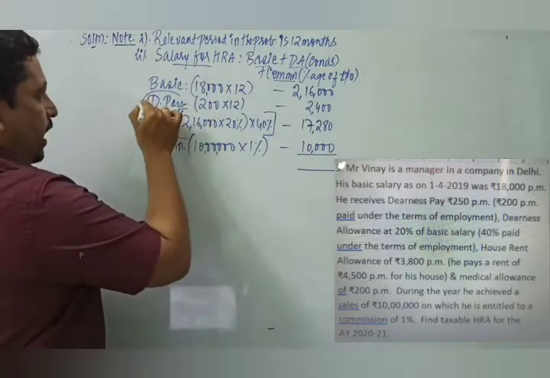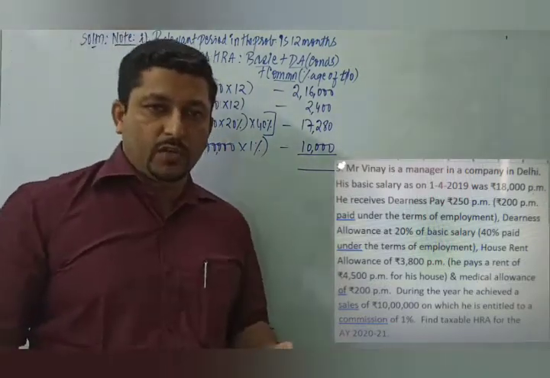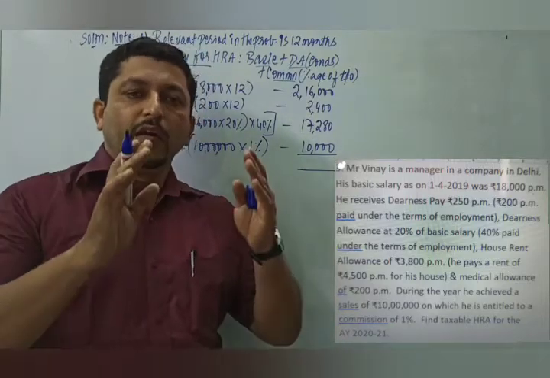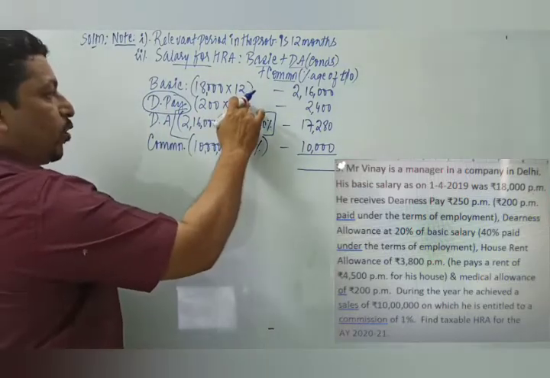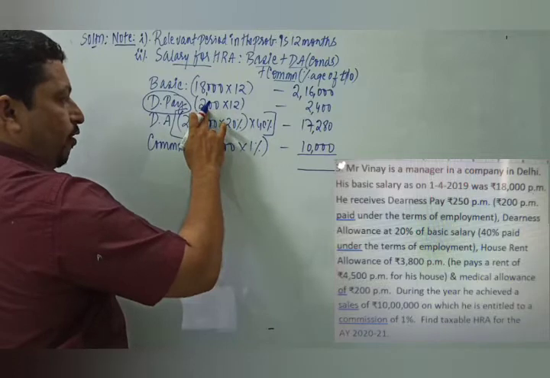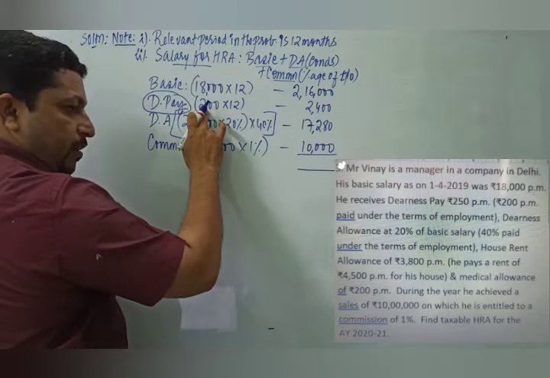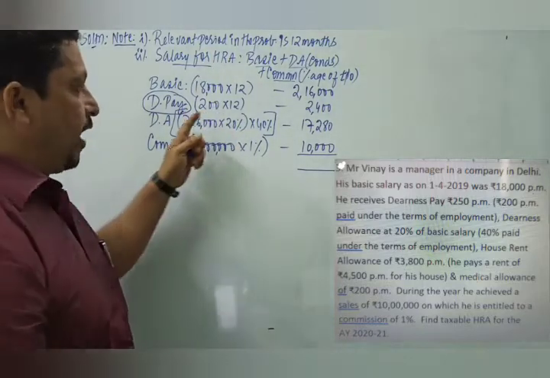But we have included Dearness Pay as well, because in the earlier sessions I have mentioned there is no difference between Dearness Allowance and Dearness Pay. But to be included over here, it must be given under terms of employment, and of 250 rupees of dearness pay per month, 200 is included for retirement benefits. So we have taken this particular value here.